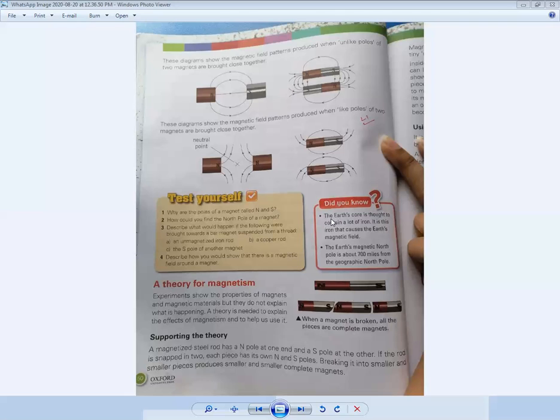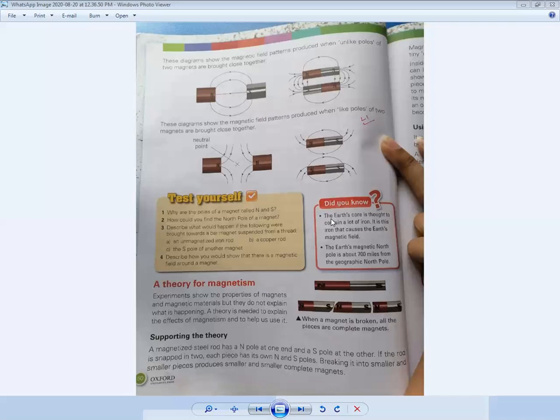Mark it for your objective. The Earth's core is thought to contain a lot of iron. It is this iron that causes the Earth's magnetic field. We know that the magnetic field is produced at the center of the Earth, and we all know that our Earth consists of three layers. The outer layer on which we move is called the crust.